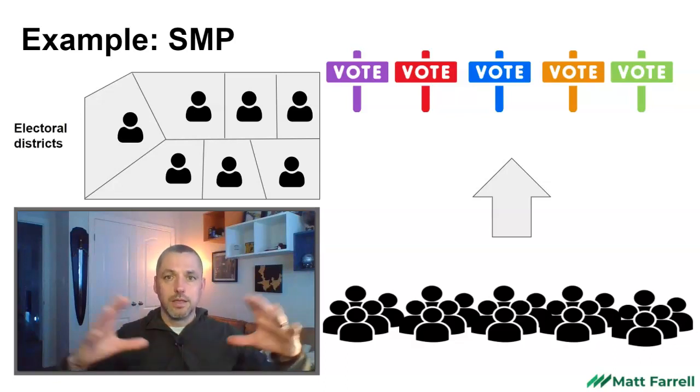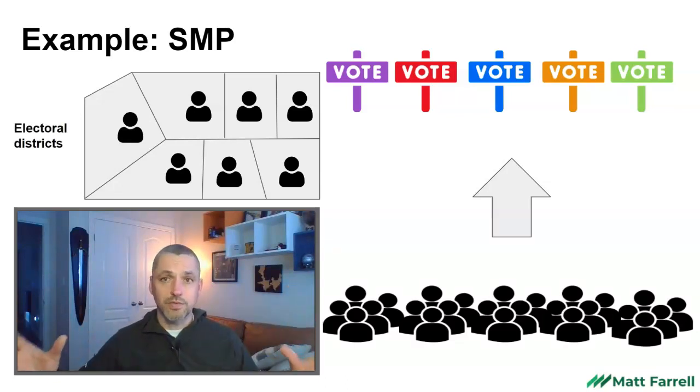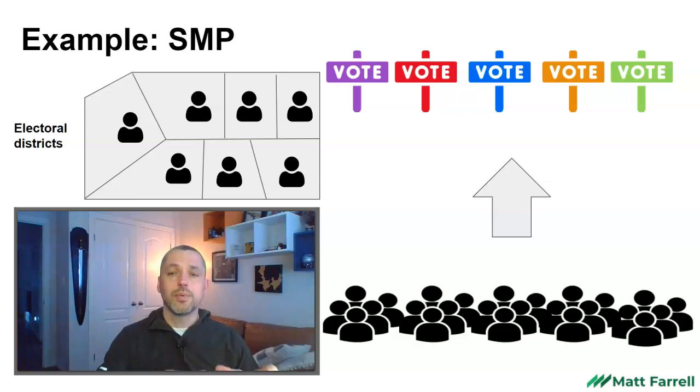We take the national jurisdiction or provincial jurisdiction, whatever it happens to be, and divide it up into individual geographic districts. And from each of those, one of the candidates, from one of the parties, will be declared the winner. That's how we translate the public preferences into a government in a plurality system.